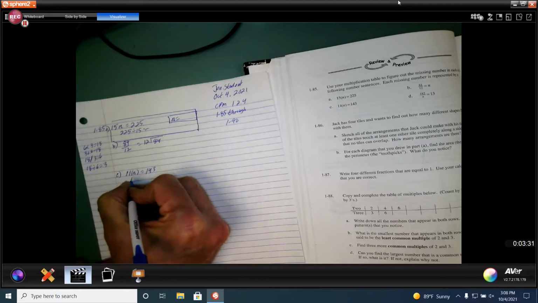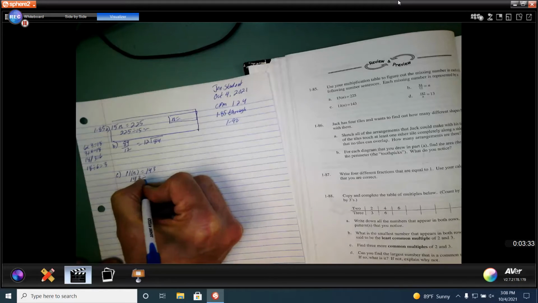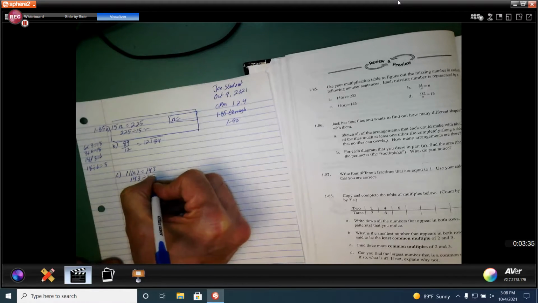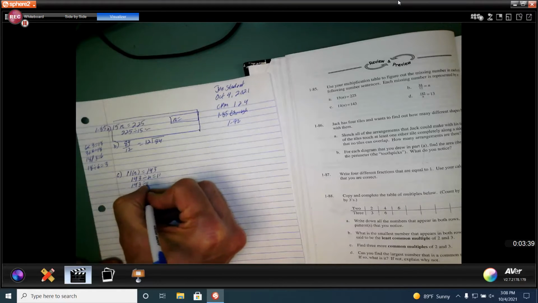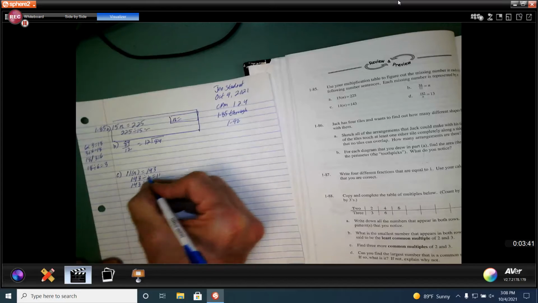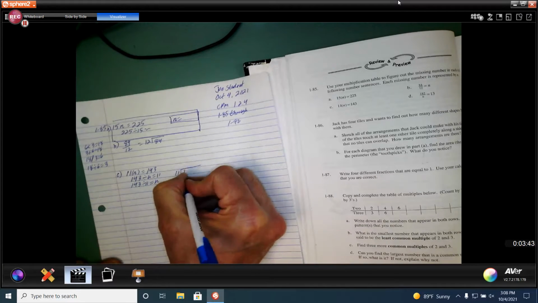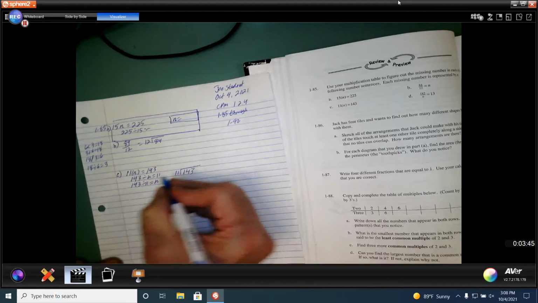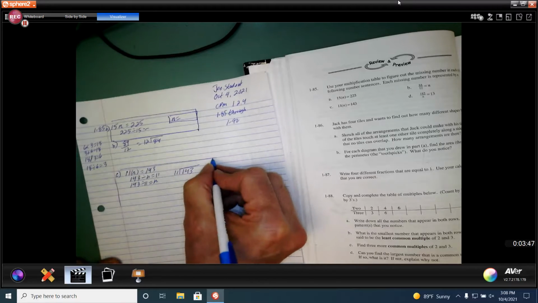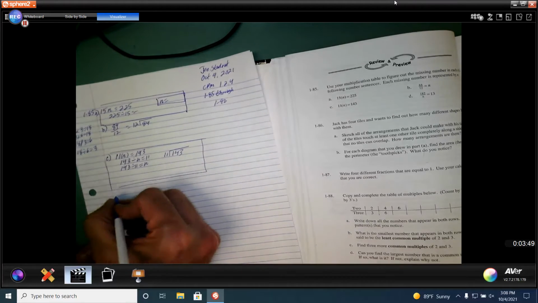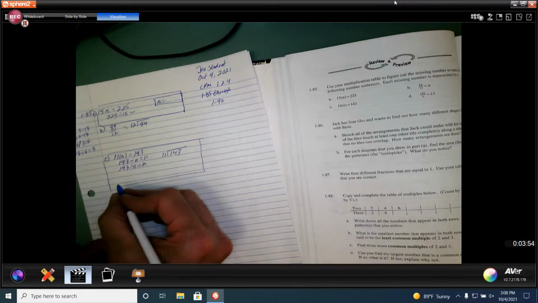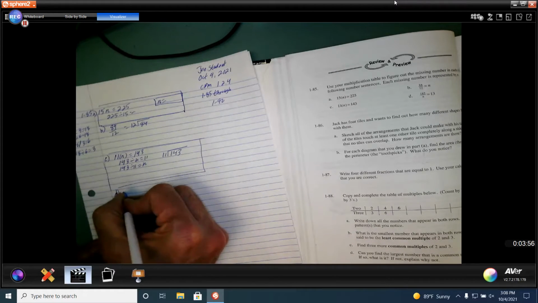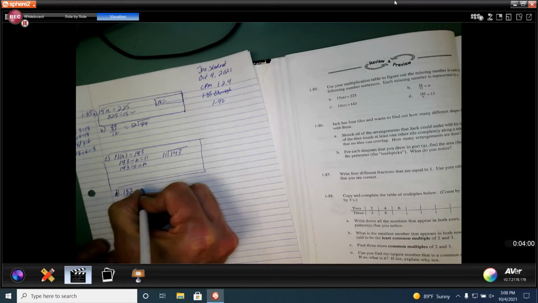So that means 143 divided by n should equal 11, and 143 divided by 11 should equal n. So let's see how many times 11 goes into 143. And again, put a box around your problem and a small box around your answer. D, 182 divided by n equals 13.